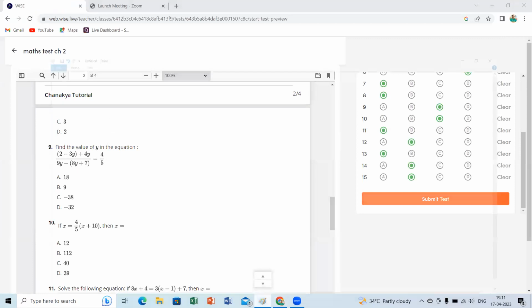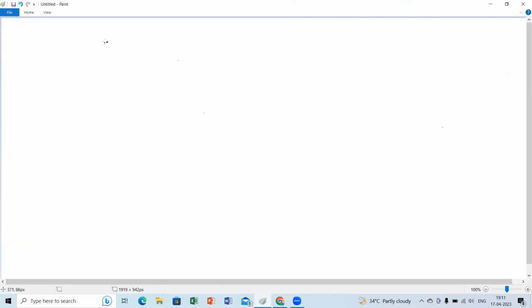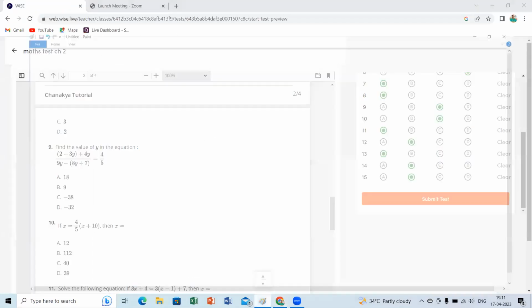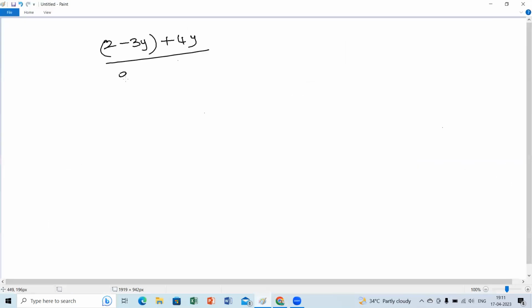So 2 minus 3y plus 4y, divided by the denominator you have, 9 minus 8y plus 7. 9 minus 8y plus 7 in brackets is nothing but 4 by 5.